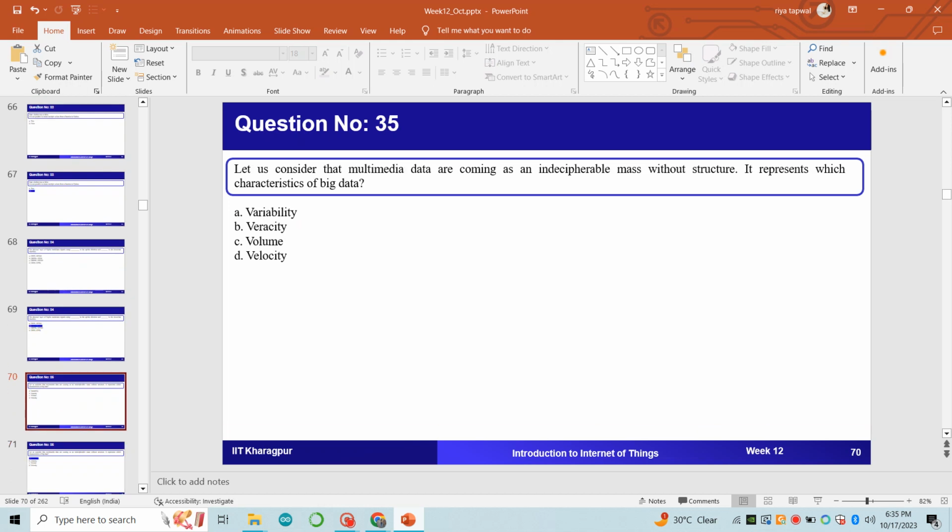Next question: let us consider that multimedia data are coming as an indecipherable mass without structure. It represents which characteristic of big data? Variability, veracity, volume, velocity. Anyone?